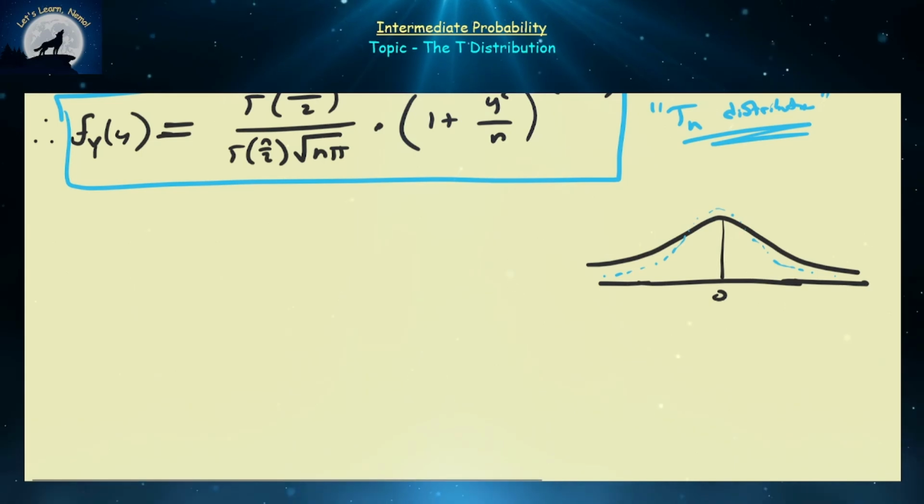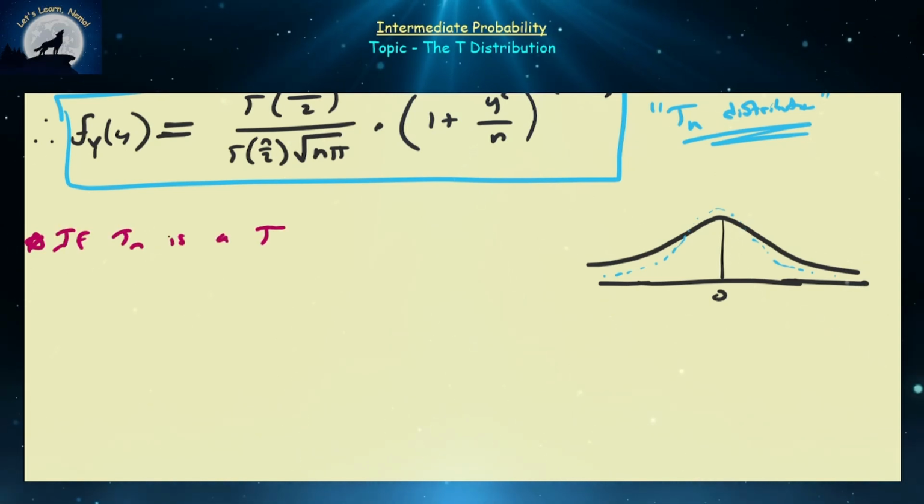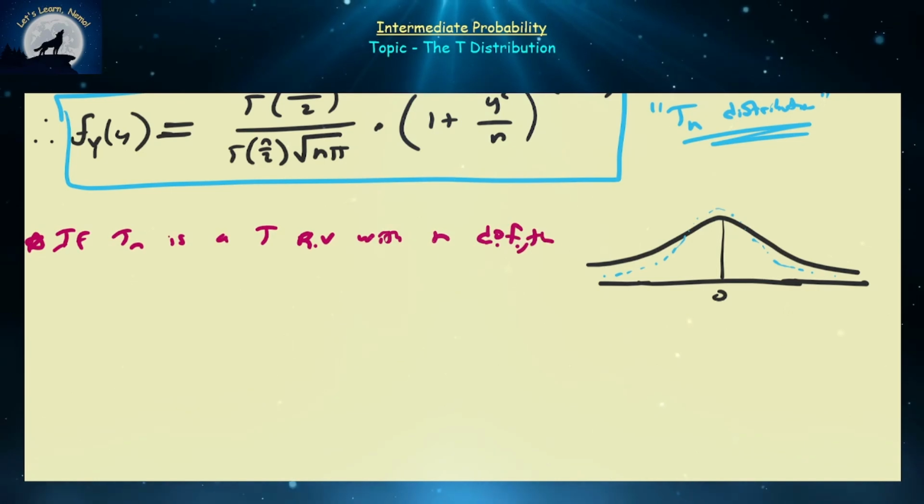All right. Some theorems that you should know. So if Tn is a t random variable with n degrees of freedom, then the following things are going to be true.